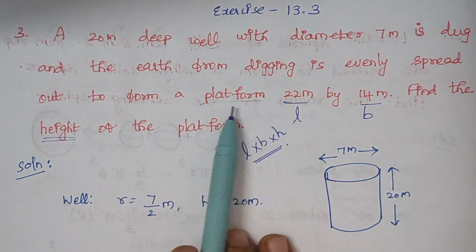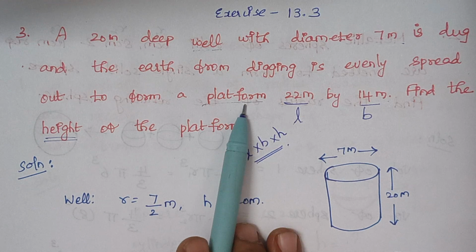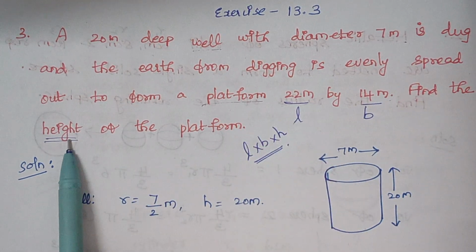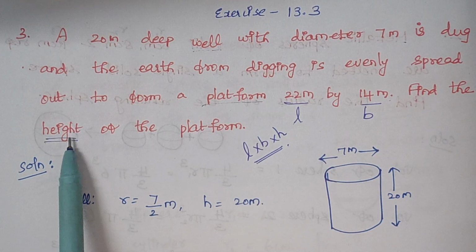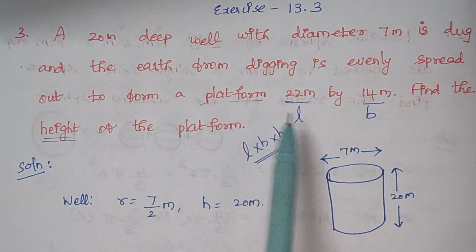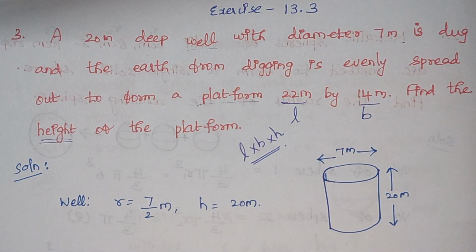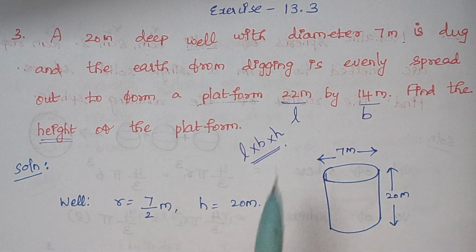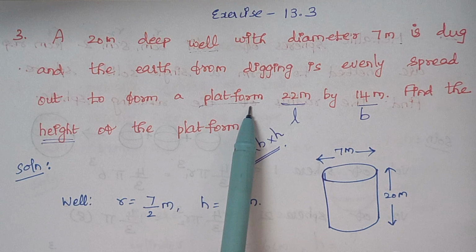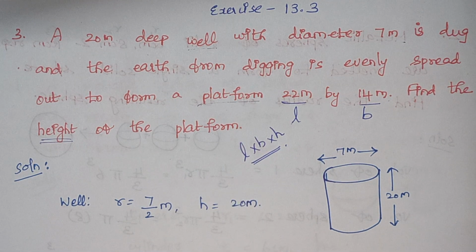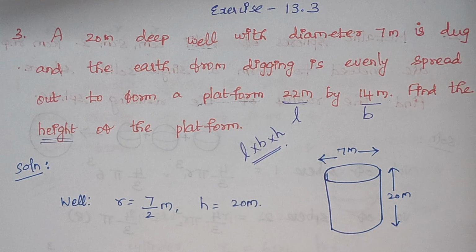So here the platform is in the shape of a cuboid whose length and breadth are given and we have to find the height h. So obviously we are fixing the platform, the unknown shape, as a cuboid. Just from the problem you have to make a clear observation.